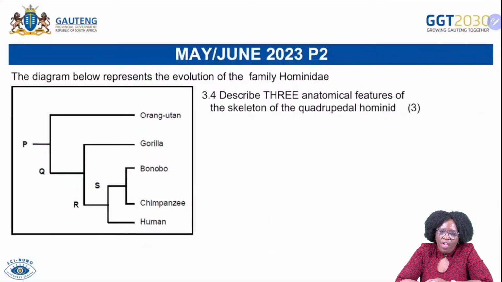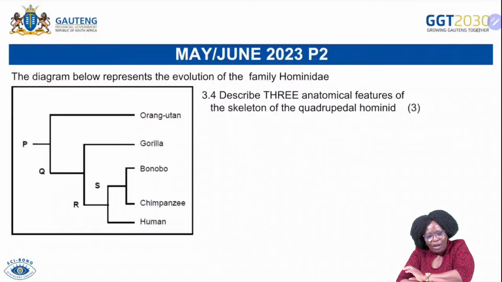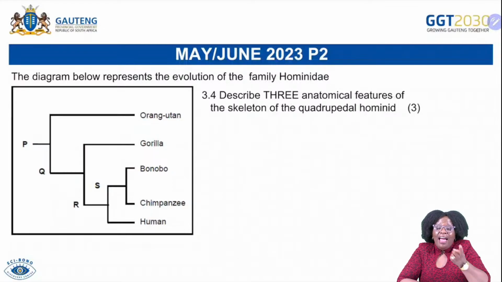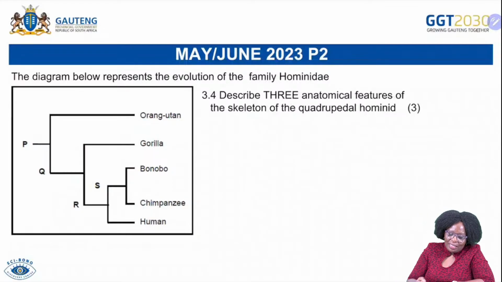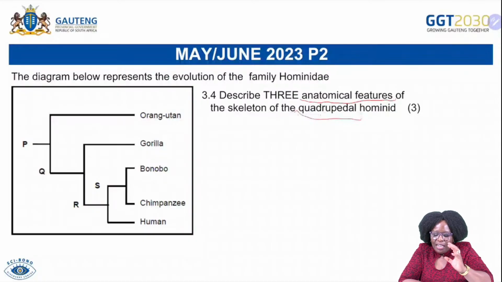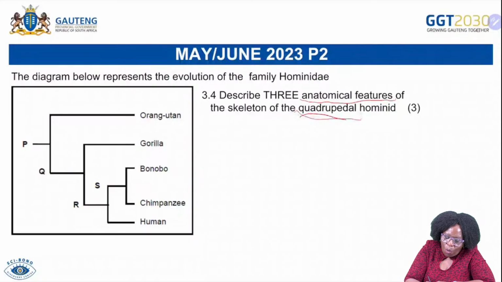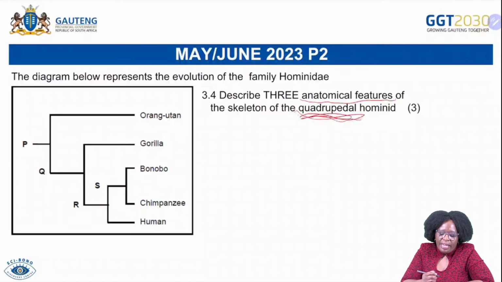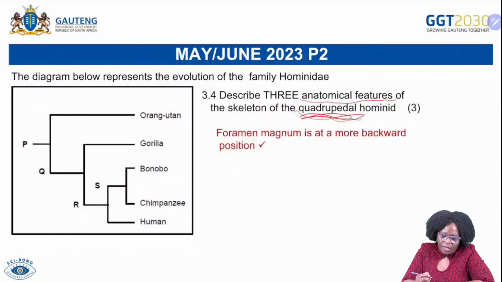You know that there are characteristics that separate quadrupedal organisms and bipedal organisms. Hence, we are looking at this question now, which says, describe 3 anatomical features of the skeleton of the quadrupedal hominid. It's a description, 3 anatomical features. Don't get confused, this information you know. Quadrupedal hominids, what makes them quadrupedal? It is because the foramen magnum is at a more backwards position.